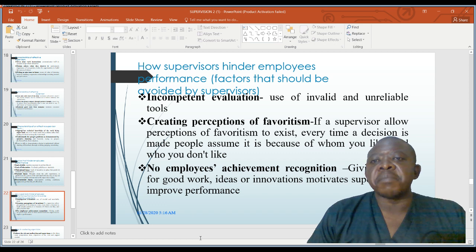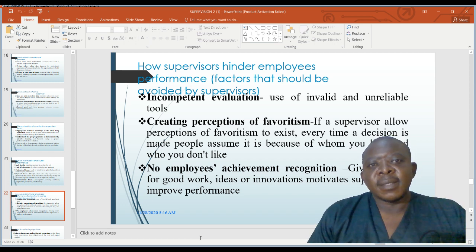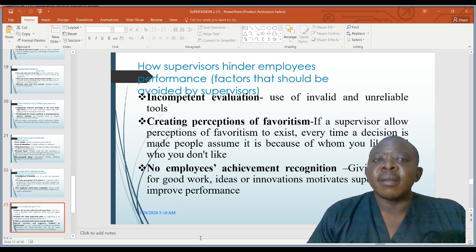It may be deliberate or not, but if there is bias and favorites, the supervisor may hinder the employee's performance, or create a perception of favoritism. Also, not having some kind of achievement recognition for your followers may hinder performance.